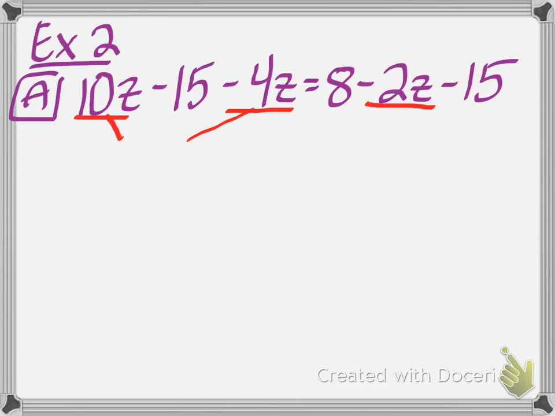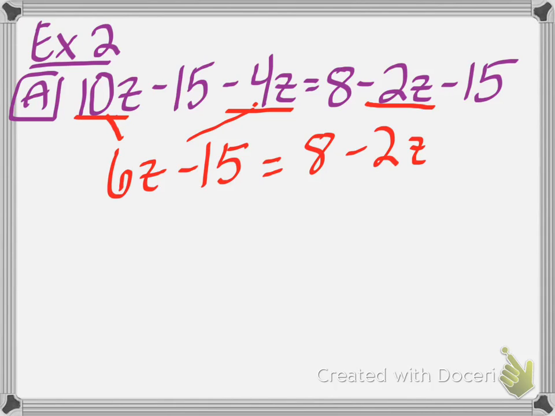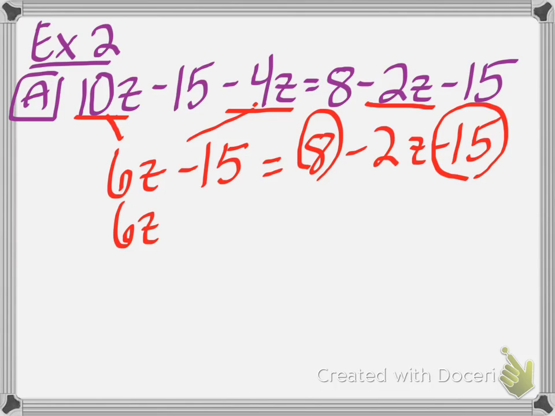They're on the same side of the equal sign, so I can combine them now. 10z minus 4z gives me 6z, and then minus 15 equals 8 minus 2z minus 15. I have a constant and I have another constant here, so I'm going to simplify those next. 6z minus 15 equals 8 minus 15, that's a -7, minus 2z.